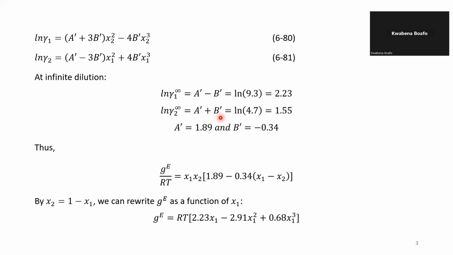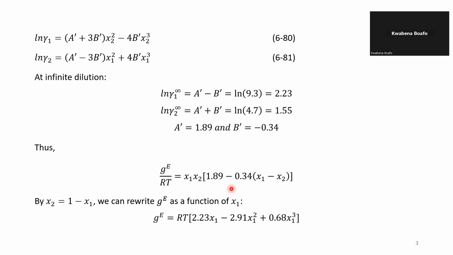We solve these two equations simultaneously to obtain A prime equal to 1.89 and B prime equal to minus 0.34. We then substitute the values of A prime and B prime into the two-parameter Redlich-Kister equation to obtain the equation that we have now.